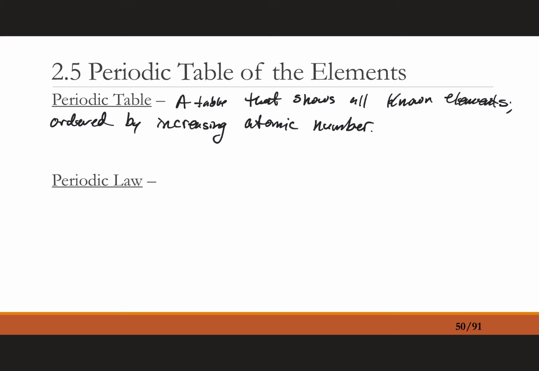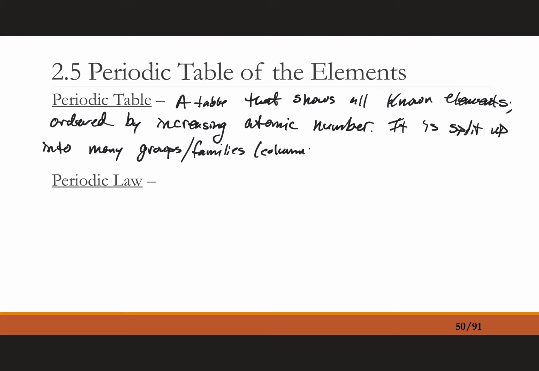All right. You could say it is split up into many groups or families, and those are the columns of the periodic table, as well as periods, which are the rows of the periodic table.